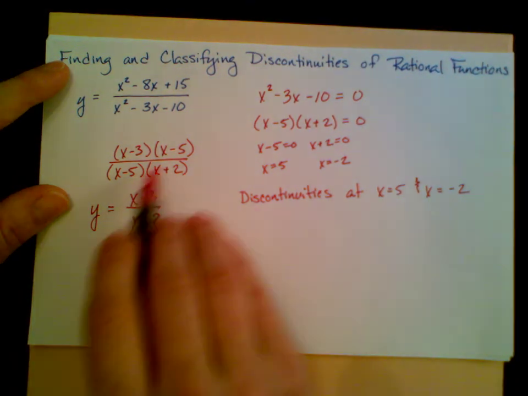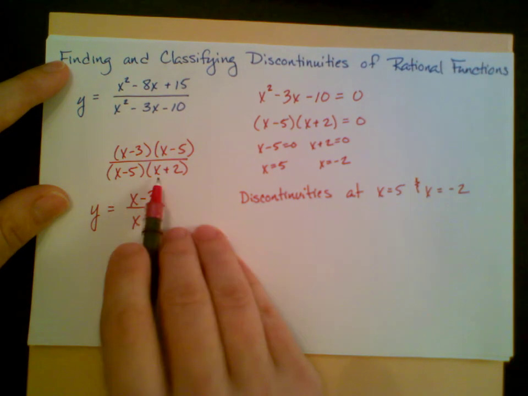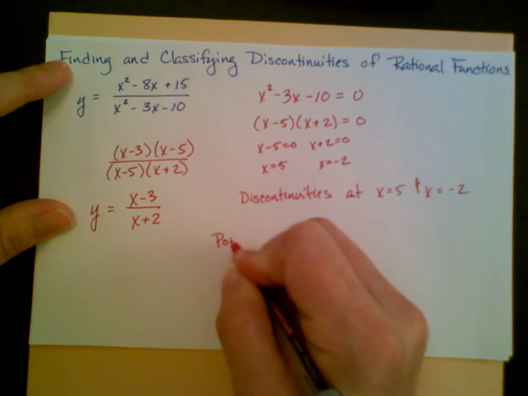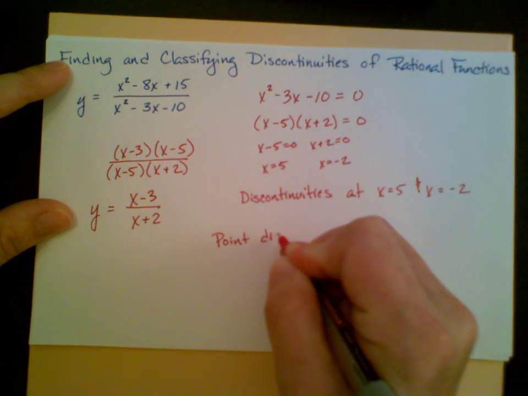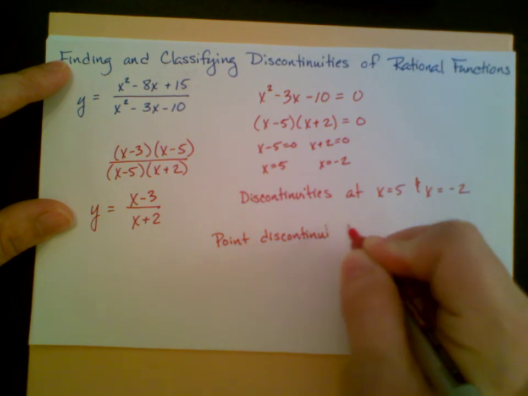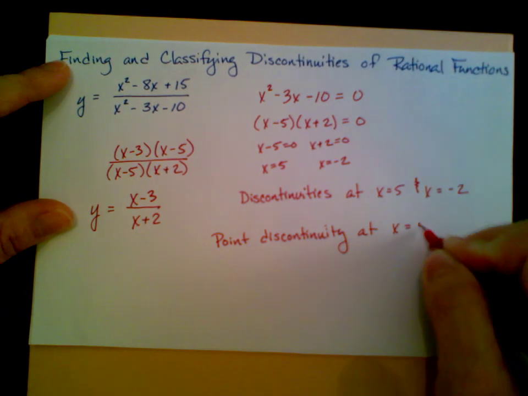The x minus 5 factor cancels out entirely from the denominator. And so I have a point discontinuity at x equals 5.